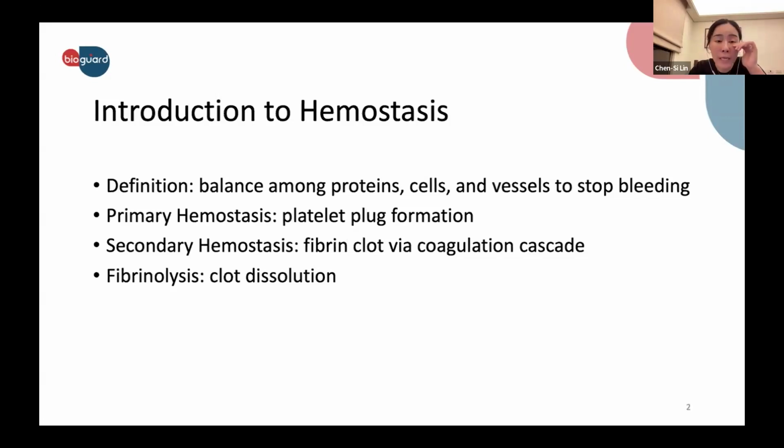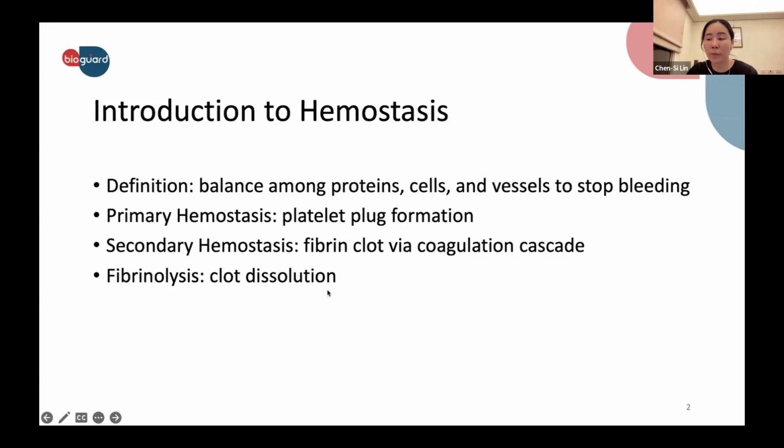Then comes secondary hemostasis. In secondary hemostasis, the coagulation cascade cements the loose plug with fibrin. Then the process goes on to wound healing, and then to fibrinolysis.